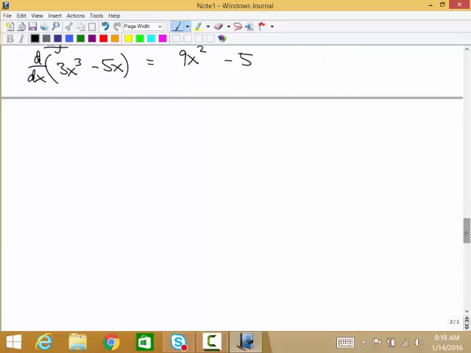Okay, the eighth and ninth are the more interesting ones. So 8 is the chain rule.